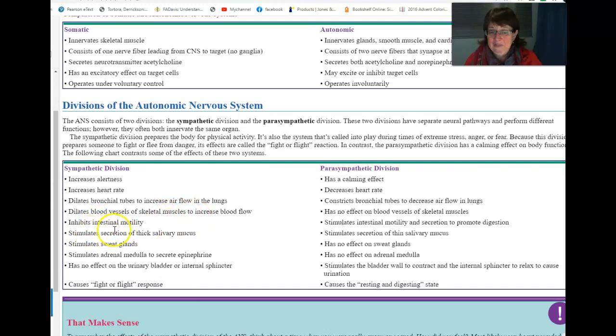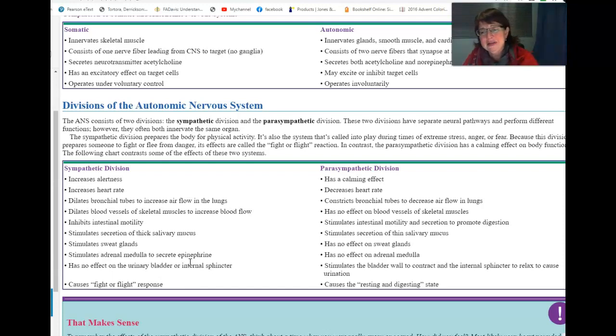You're going to decrease your intestinal mobility, because you don't want to digest. You want to put all the energy towards the muscles. You're going to stimulate sweat, and stimulate the adrenal medulla to secrete epinephrine, which is sort of like adrenaline. You want to get ready to go. Speed up, get excited. So basically, the sympathetic nervous system speeds up everything but the digestive system.